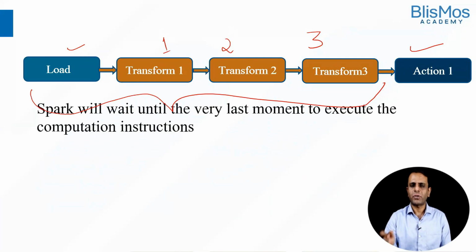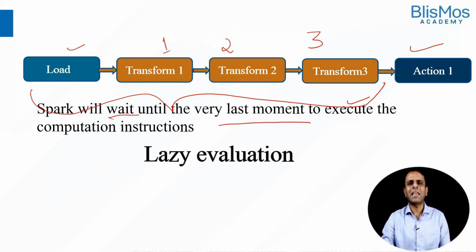This whole process where Spark will wait until the very last moment to execute the computation instructions is called lazy evaluation. Lazy evaluation is nothing but Spark waiting until the last moment to go ahead and do the computation.